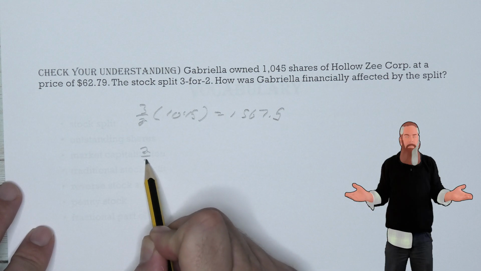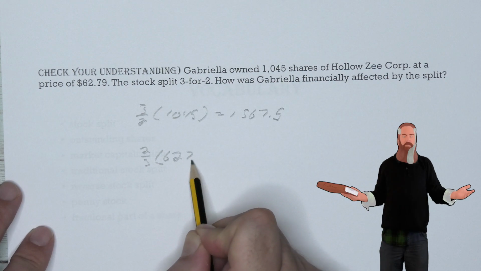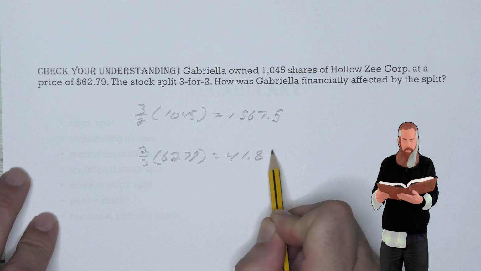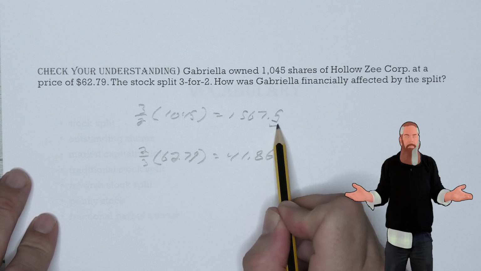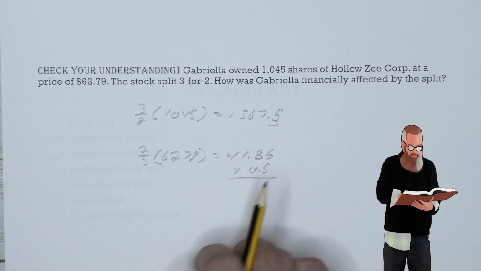So 2/3 times 62.79 would be $41.86 per share.